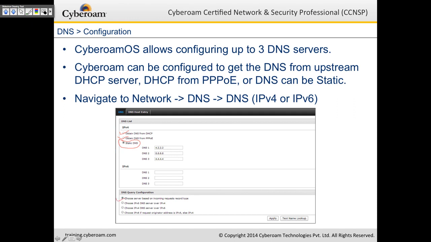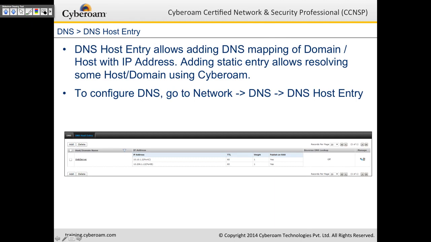You can also choose IPv6 DNS server over IPv4, or vice versa, choose IPv4 DNS server over IPv6. And you can also choose IPv6 if the request originator address is IPv6, or else you can go with IPv4. And the best thing is you can do a test name lookup to see whether your DNS resolution is happening properly from Cyberoam or not.